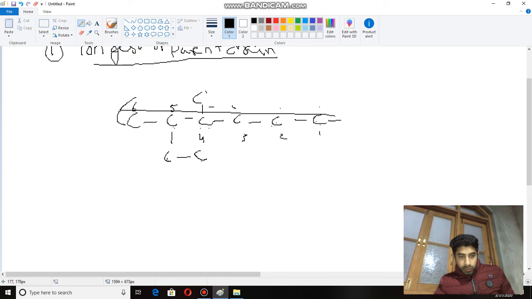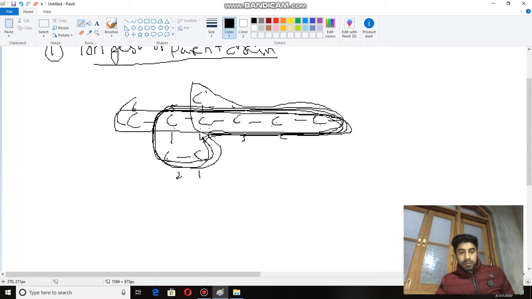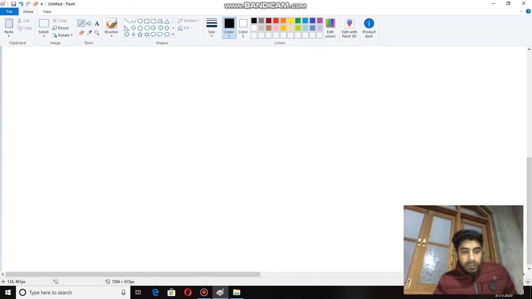In this way I am getting 6 carbon, in this way I am getting 5, and in this way I am getting 7. So this is the longest chain, this which I am highlighting. I hope you can find this. This will be called parent chain. Either number it from here or here. So there are some rules, I'll come to that.